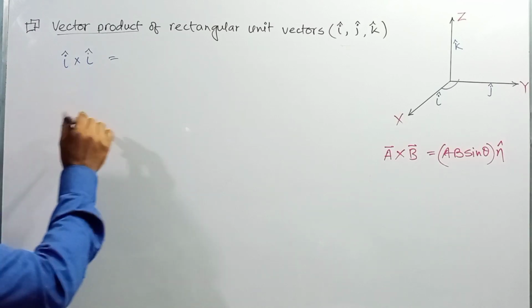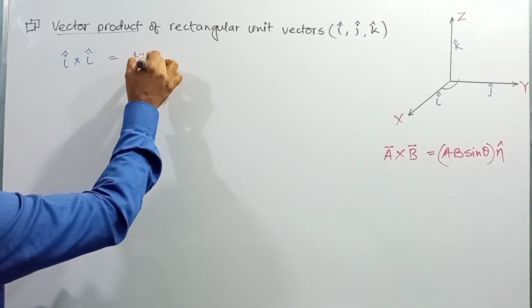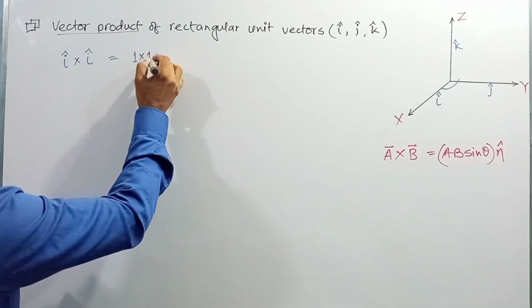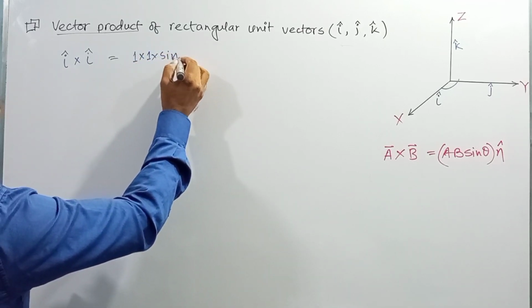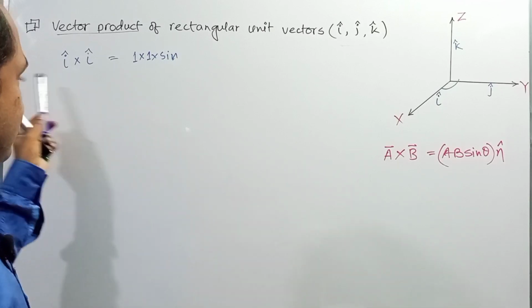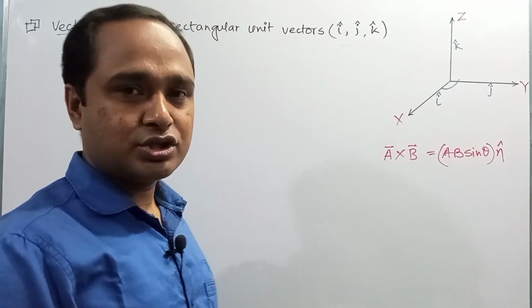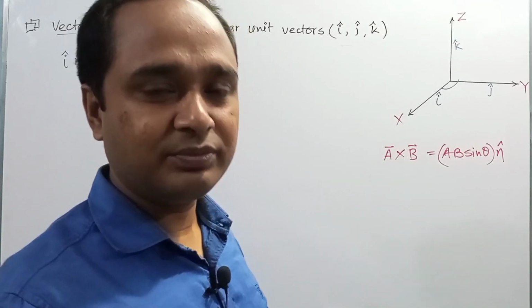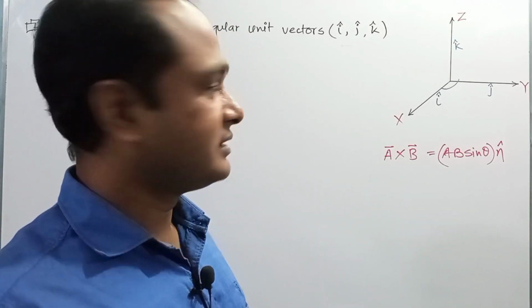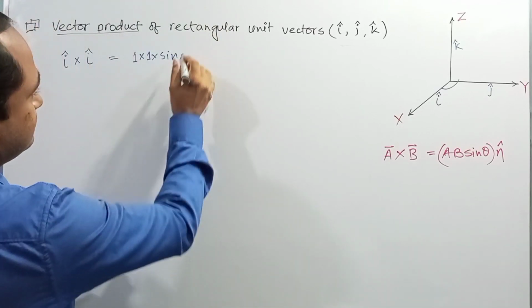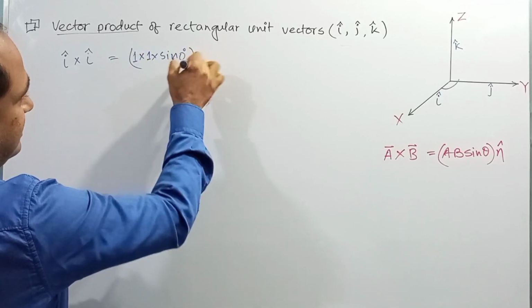So here i cross i gives 1 multiplied by 1, because the magnitude of i is 1, into sin theta. So what will be the theta in case of i cross i? You know, i indicates the direction of the positive x-axis. So if we get i cross i, then the angle between i and i will be 0 degree, right?